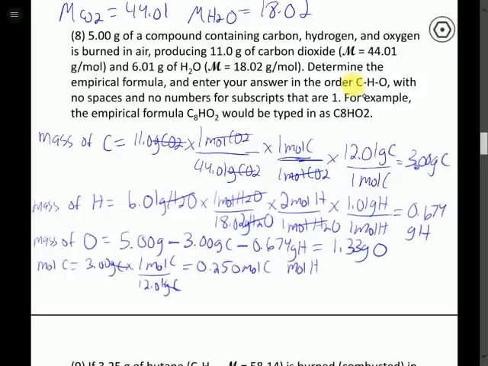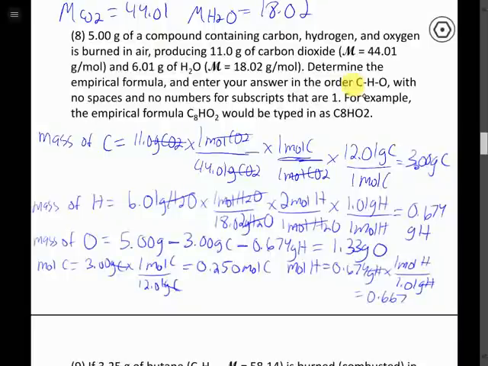The moles of hydrogen are 0.674 grams. 1 mole of hydrogen has a mass of 1.01 grams. So we have 0.667 moles of hydrogen, and then finally the moles of oxygen.